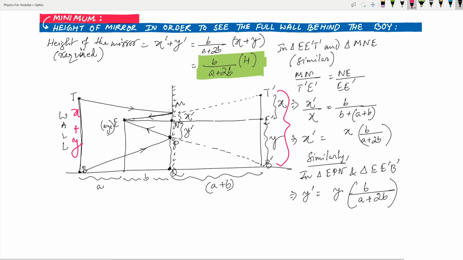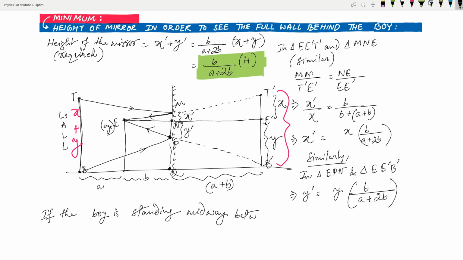Now the question is, if the boy is standing midway between the wall and the mirror, then what will be the minimum height of the mirror so that we can see the full image of the wall?